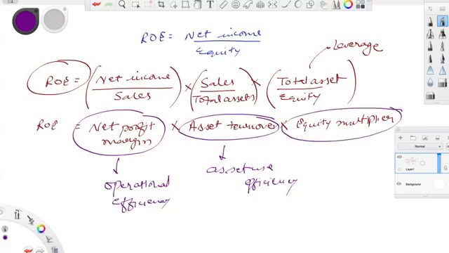Or it is driven by the leverage, how much debt we have. So what is actually driving my ROE, which is return on equity?